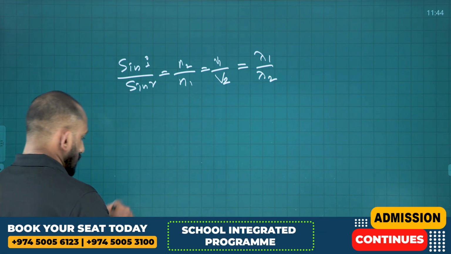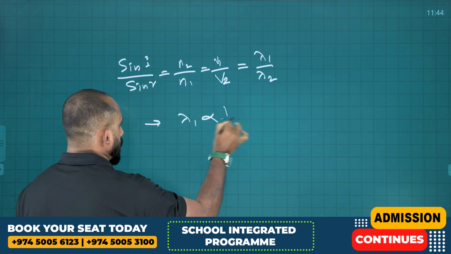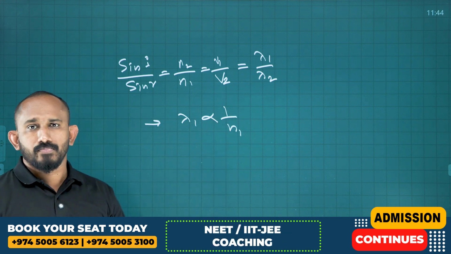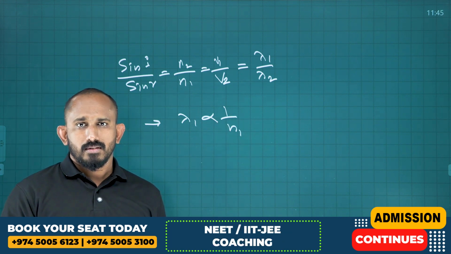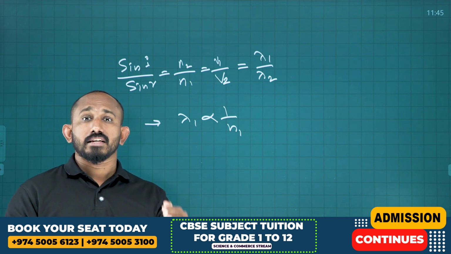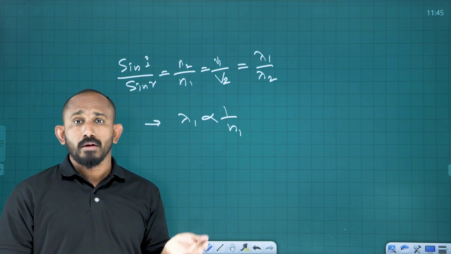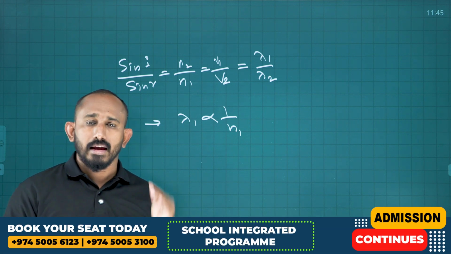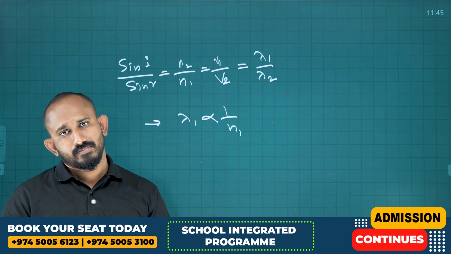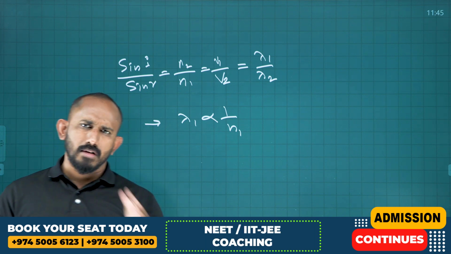So it shows that lambda 1 is inversely proportional to n1. That is the logic. Here, if the wavelength of violet is the least, then it has the greater refractive index. Hence, the speed will be lesser and it deviates at a greater angle. That's the concept. If speed is the same, the rays go along the same line.